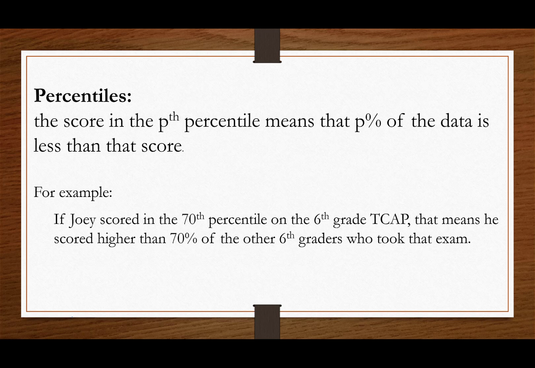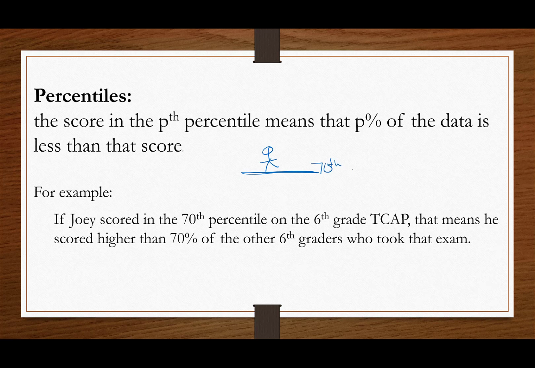Percentile is a ranking. It's easy if I just jump to this example down here. If Joey scored in the 70th percentile, that means 70% of the students scored less than him. So I drew this picture in class. Here is Joey. Here he is at the 70th percentile.